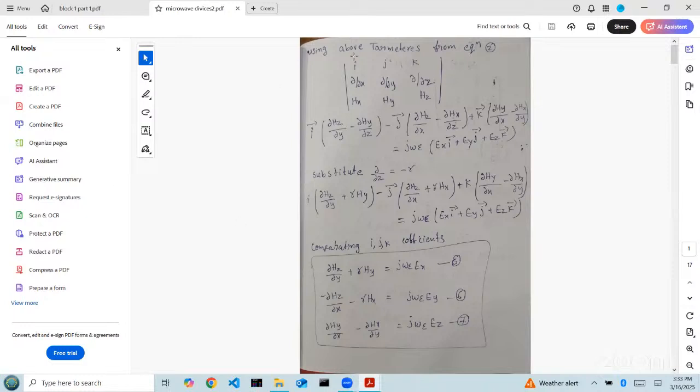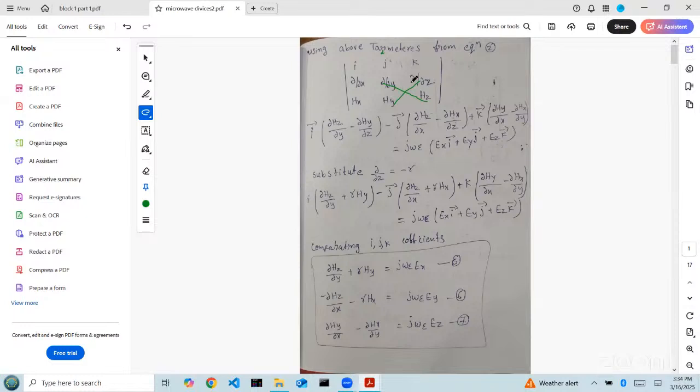You remember matrix multiplication? I times I. How will you write it? Dou by dou y times HZ minus dou by dou z of HY. Is this okay? Next the J term. Minus J, we have to take, cross multiplying I and K values.